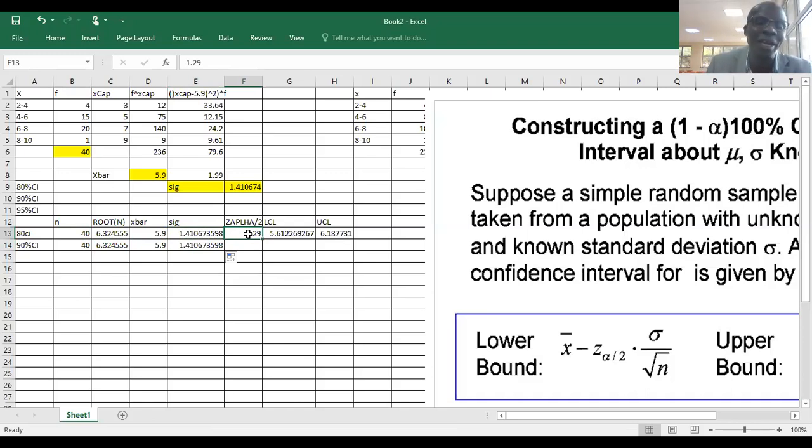Now, just imagine the normal curve. This was 80%, we got Z 0.1. How about 90%? You're going to get Z from the normal table. 0.05, sorry, 0.05. So you go to your normal table here.